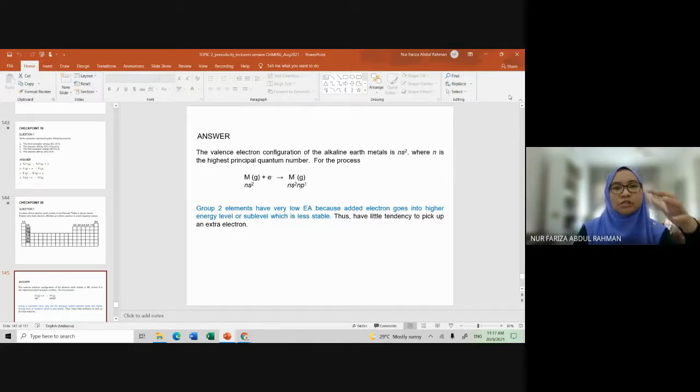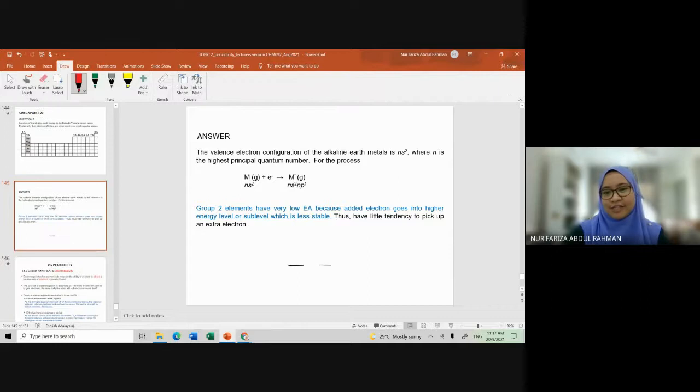Maksudnya we have to consider the repulsion, the shielding, and then the energy itself is the sub level energy. For example, 2s dengan 2p nampak macam sama, sebab kita draw macam ni. Bila kita draw macam ni, kita nampak that 2s and 2p they have the same energy. Sebenarnya sepatutnya kita kena draw macam ni.